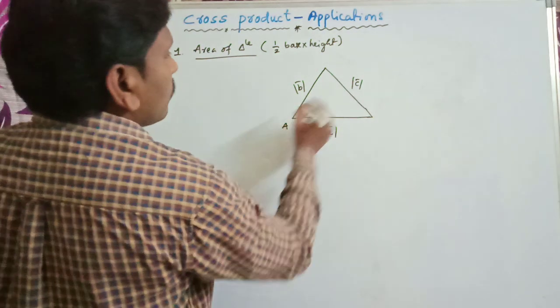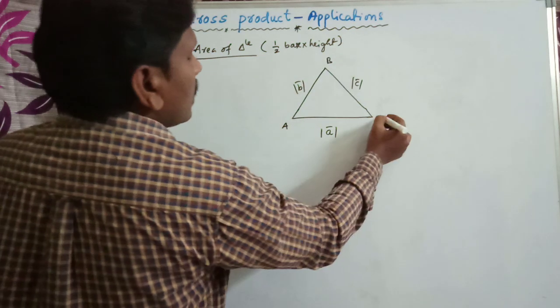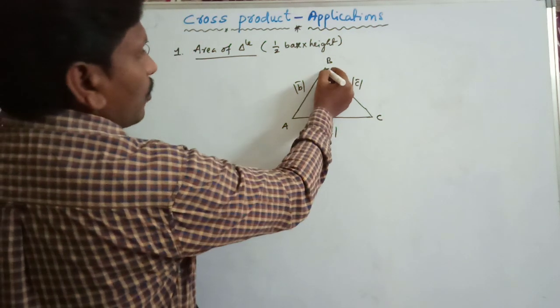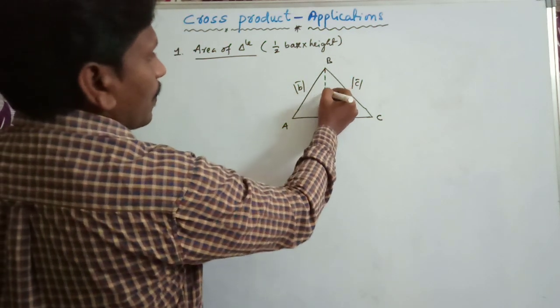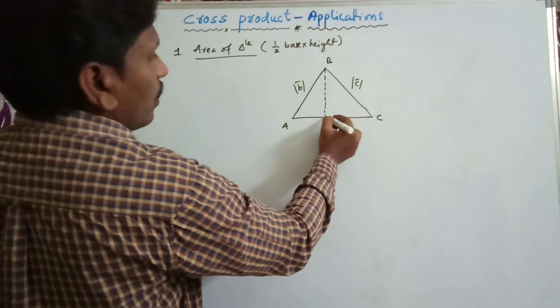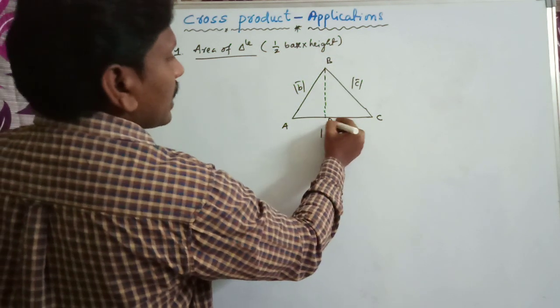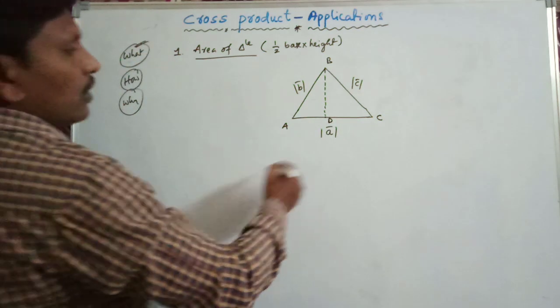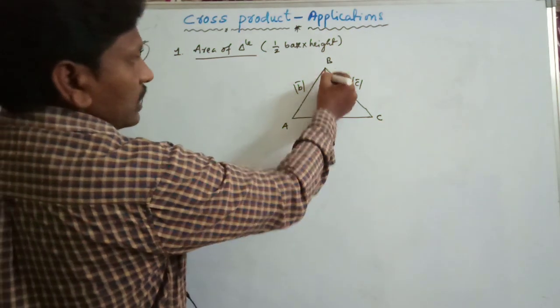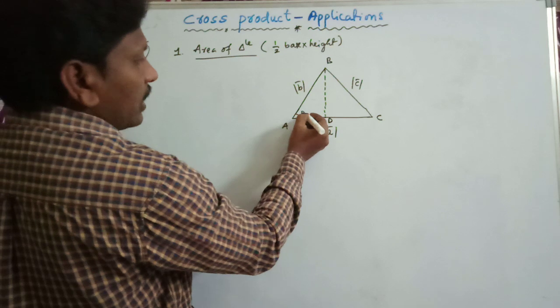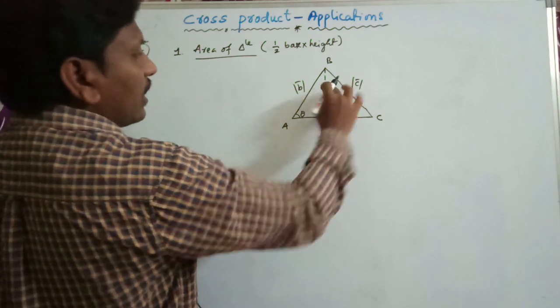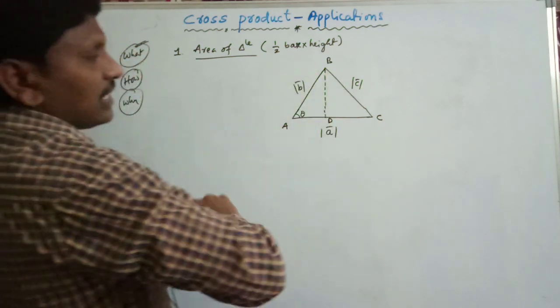Let us consider these vertices A, B and C. Now I am drawing a normal line to the AC which intersects at point D. Okay, so this tells us the angle, the opposite side, adjacent side and hypotenuse.